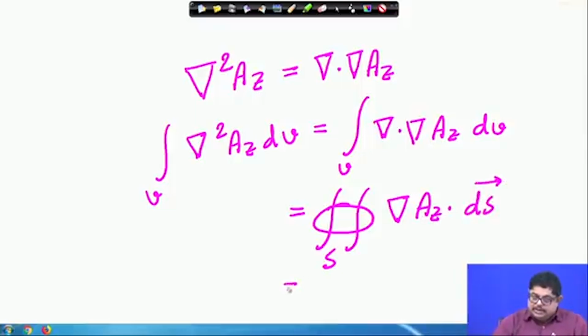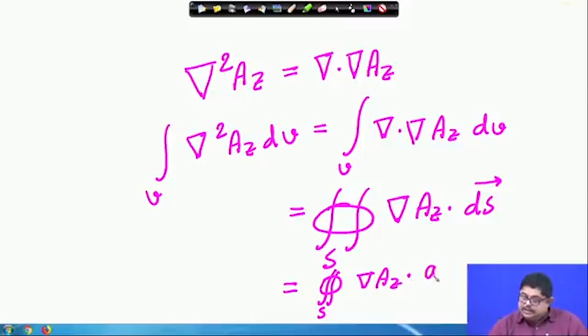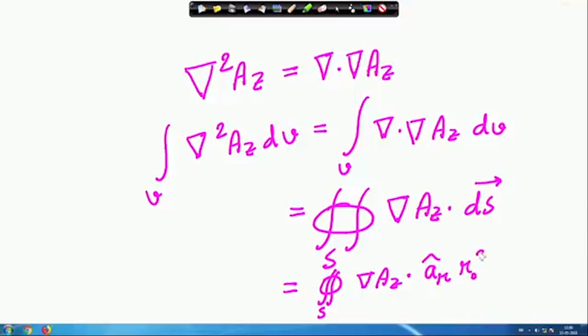Now, what is the ds vector? In spherical coordinates, we know the ds vector is a r, r naught square sin theta d phi.